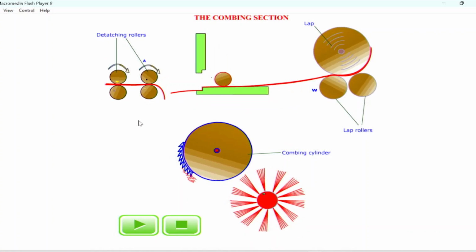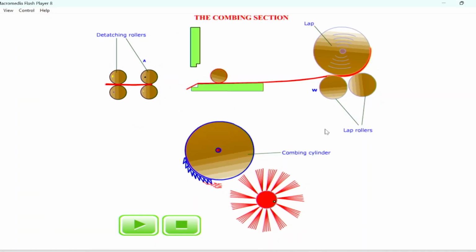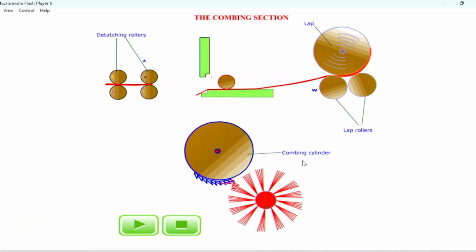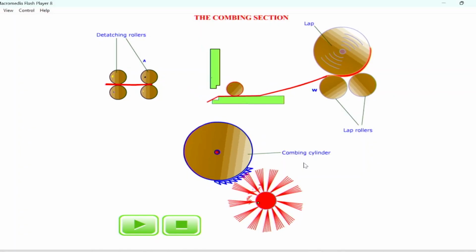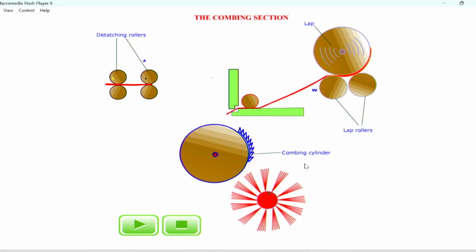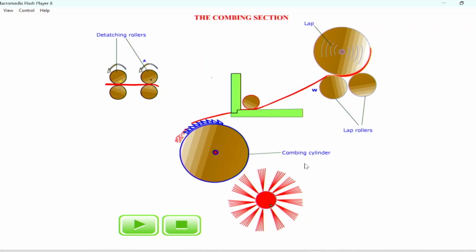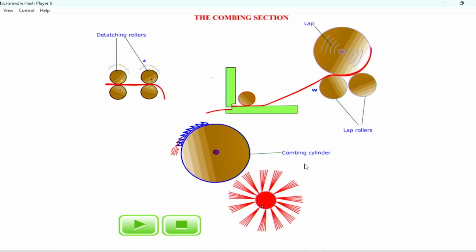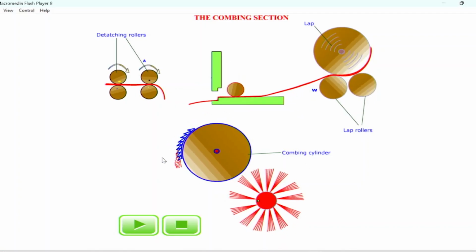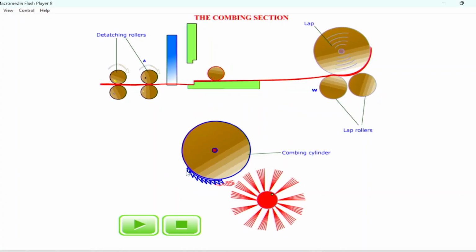Now, we will discuss the motion. This is continuing. Try to see the nippers are coming backward and closing down, and when nippers are closing, the projected material is being combed by the cylinder comb.